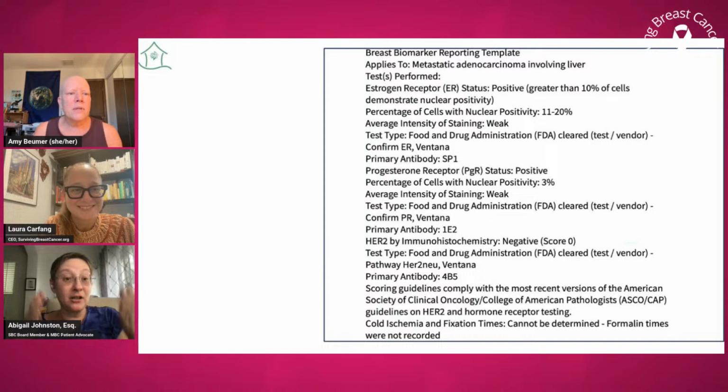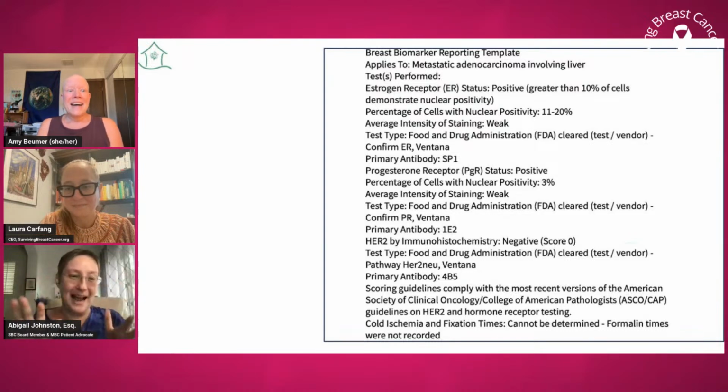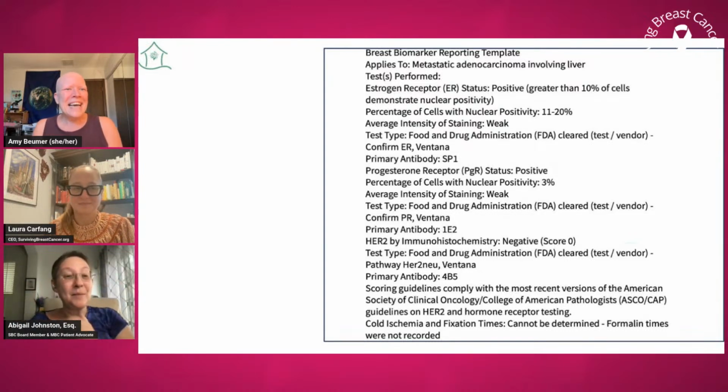But just another confirmation, there is no consistency in terms of how various institutions are reporting these things out. Like there's not one form everyone uses. That would be really nice. We should maybe do that. Like that should happen. But there may be a lot of variation.